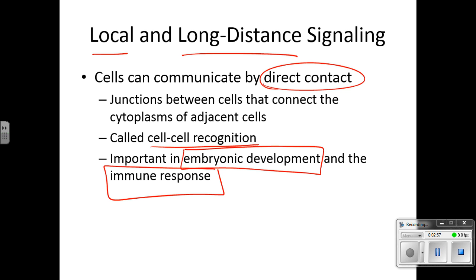In embryonic development, the way this is really important is the cells that are next to each other will communicate. They'll send signals across gaps or junctions, and that will tell the cell which genes to turn on and which to turn off so that it appropriately makes itself into a skin cell or a muscle cell or whatever it is. And you think about it, you start from one single cell, and that cell divides into 2, and that divides into 4, and that divides into 8.